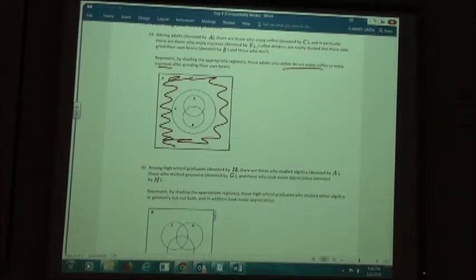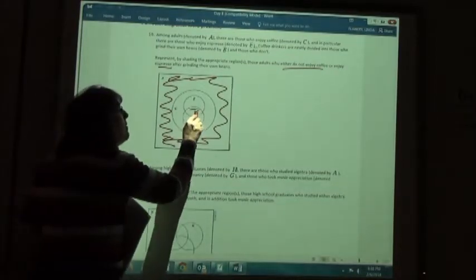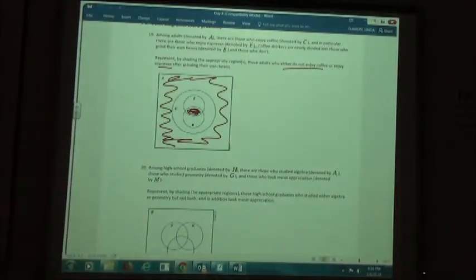Now we want to do enjoy espresso after I ground my beans. So that means they have to both enjoy espresso and grind their beans. So where would I shade for that? Right here in the middle, where E and B overlap each other. Those people both enjoy espresso and grind their own beans.